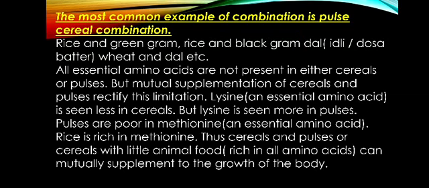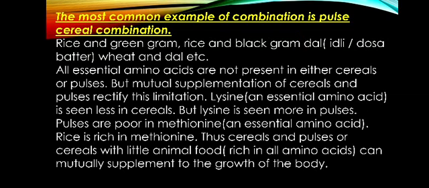Methionine is poor in pulses, but they are rich in rice and the cereals. So when we are combining cereals and pulses, we will get a complete protein food or the food with a high biological value. So the most common and followed food combination method is the cereal pulse combination.